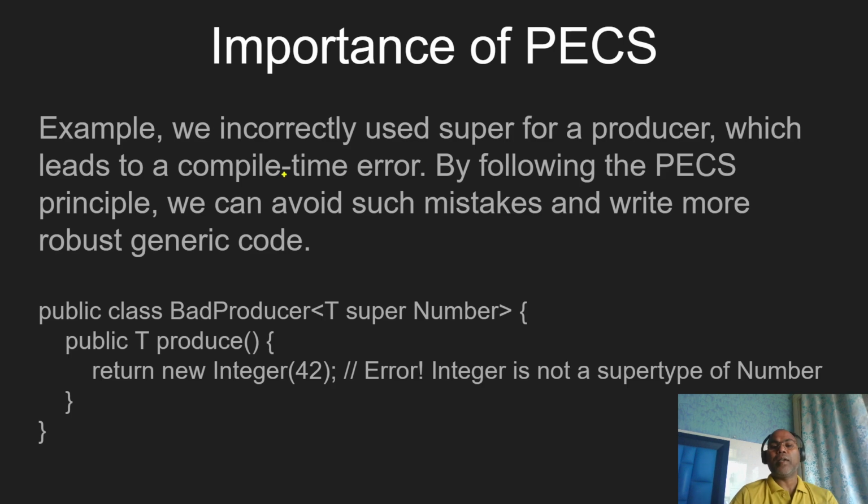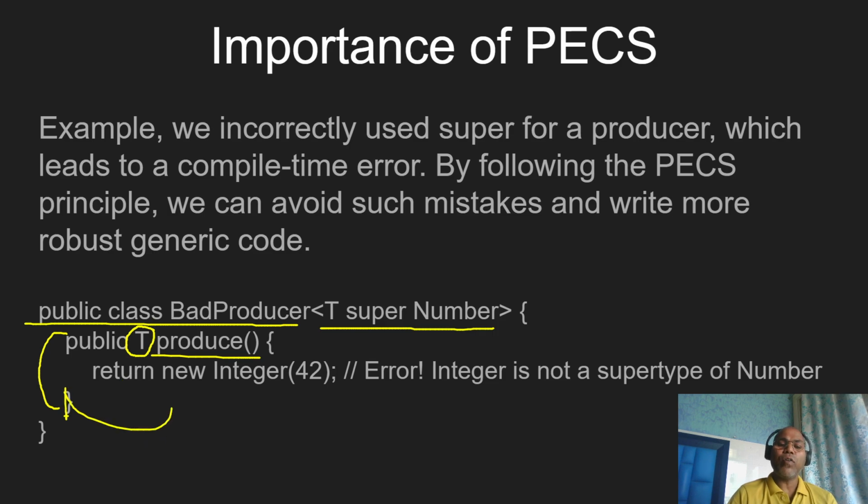What happened? If you are writing one class that's producing value of type T, and here you say, hey, T super Number. If you think carefully, we are writing methods that return the generic type. For return, it means they are producing value. So for producer, we say it should be extend.